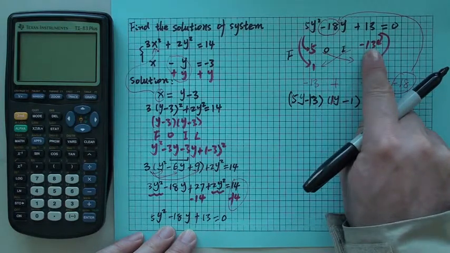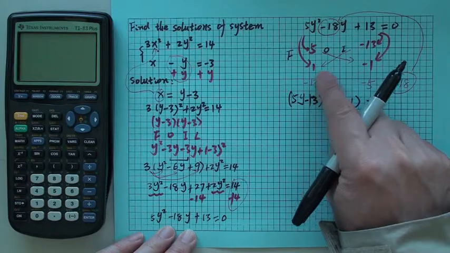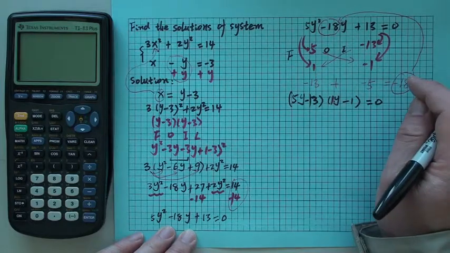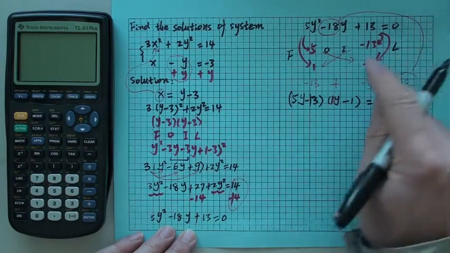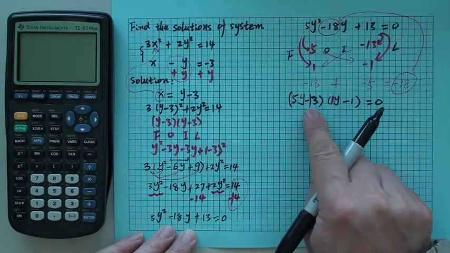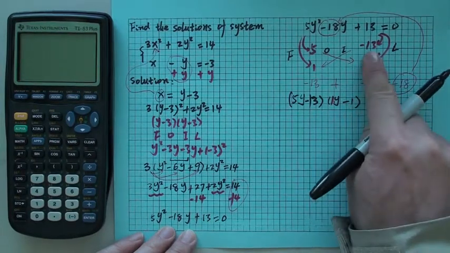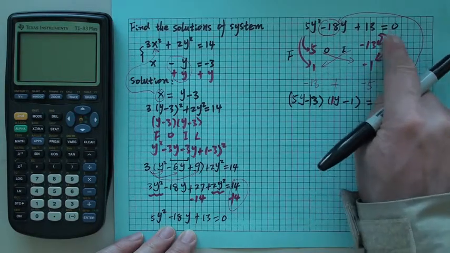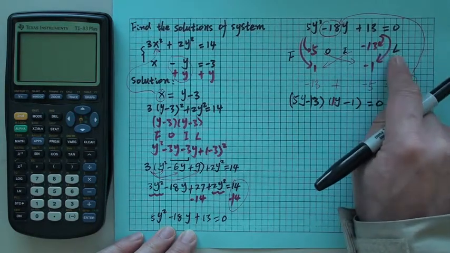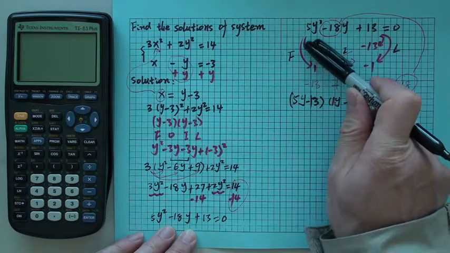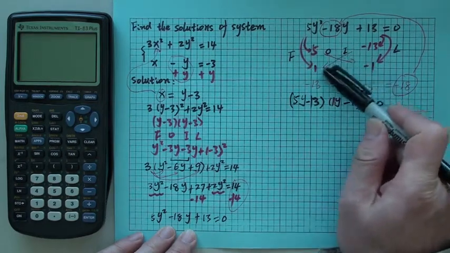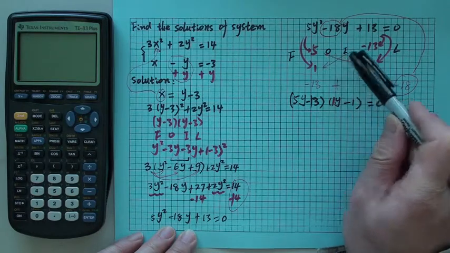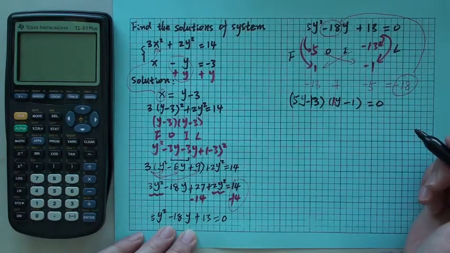And the last product is negative 13 times 1. So this splitting gives the first and last products, and the cross multiplication gives the outer and inner products.